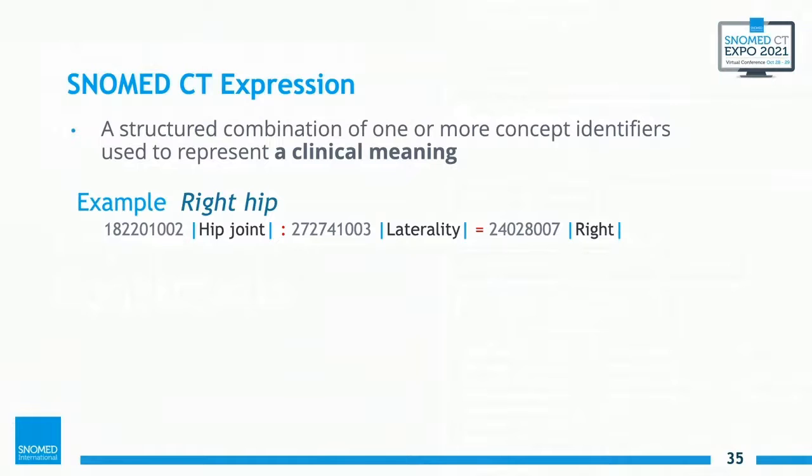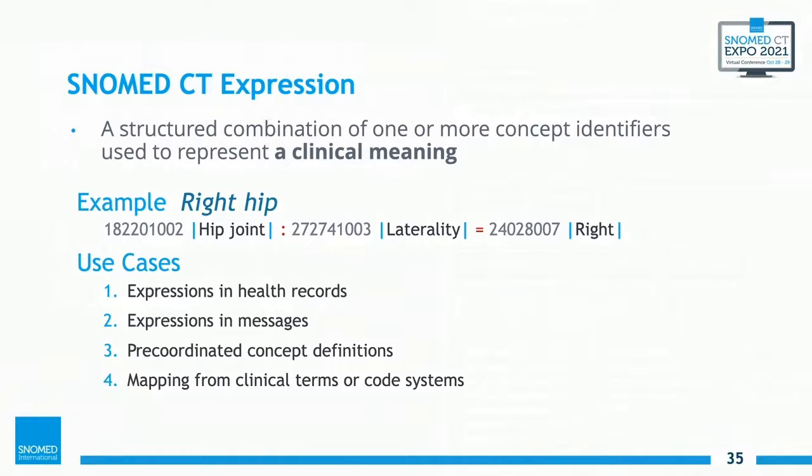There are four main use cases for SNOMED CT expressions: representing clinical meanings in health records, exchanging clinical meanings in messages, stating the definition of a pre-coordinated concept, and mapping from clinical terms or code systems to SNOMED CT expressions. The important thing to remember here is that an expression is used to represent a single clinical meaning.